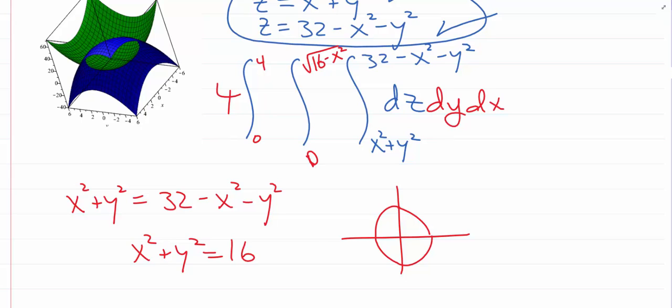Now, this is just the introduction. And what we're going to do is build on this and say, well, integrals aren't all about area and volume. Integrals are about summing infinitely many things up. So what happens when you have a triple integral and you put something in the integrand other than 1?